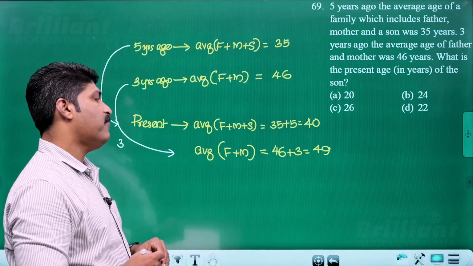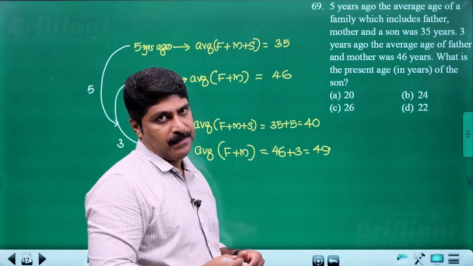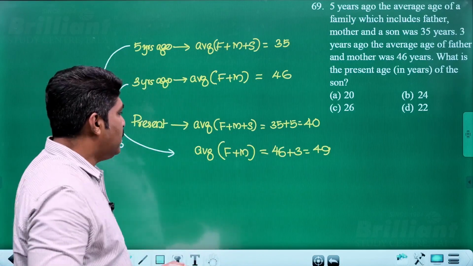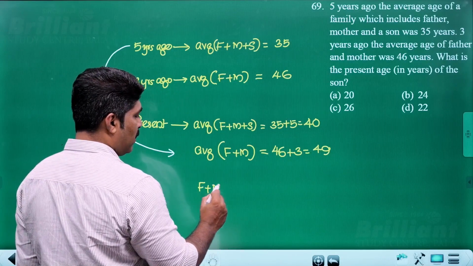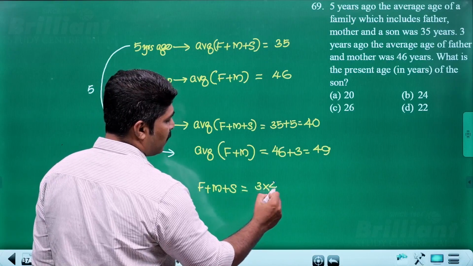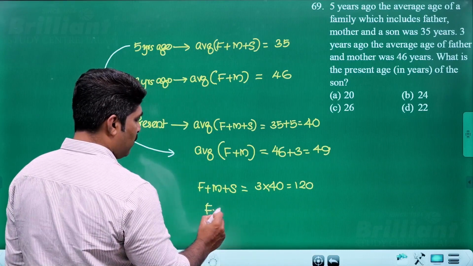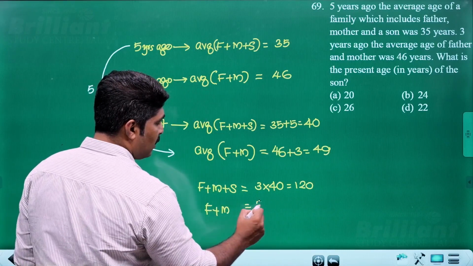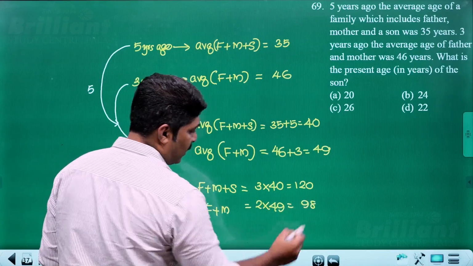Then from this step, we have to catch the age of the son. How can we connect it? At present, father, mother, and son, the total age is 3 into 40, which is equal to 120. Out of this, what is the sum of father and mother? That is 2 into 49, which is 98.